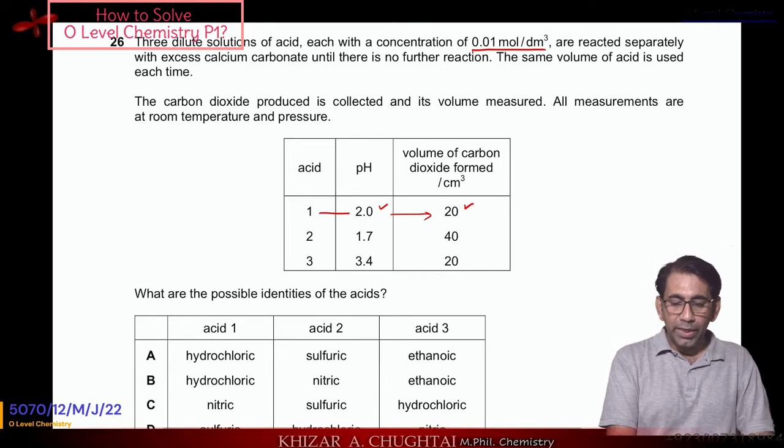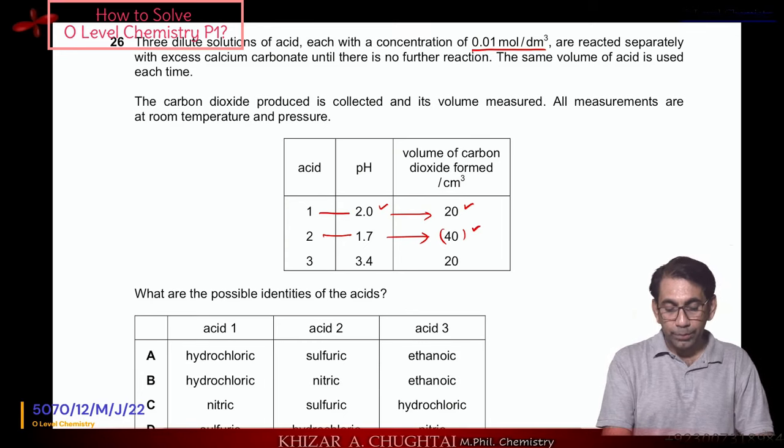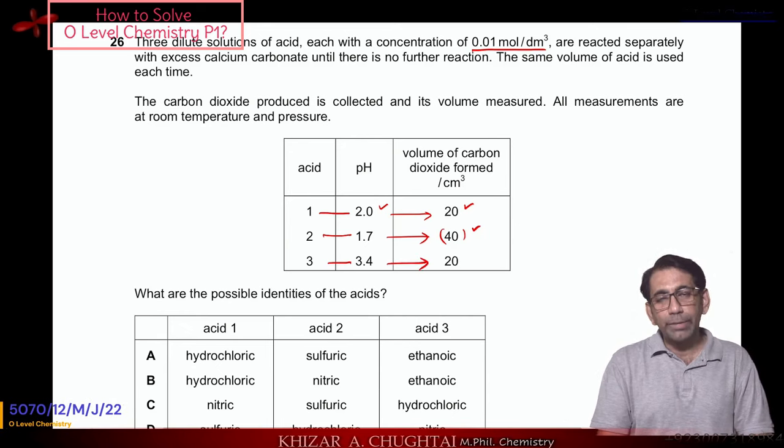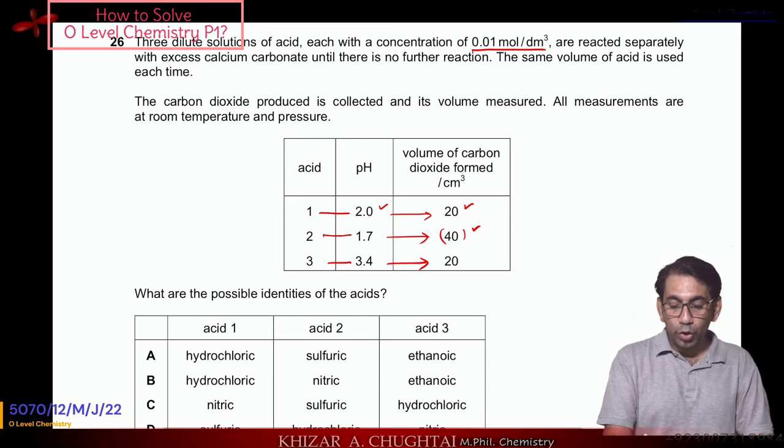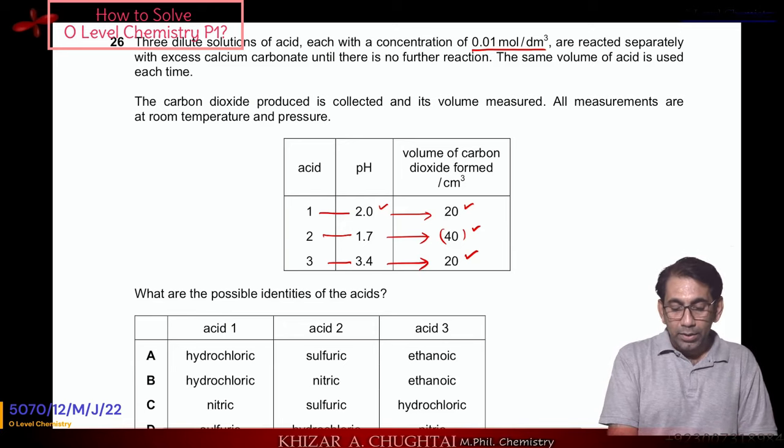Acid 2 has pH 1.7 and produces 40 centimeter cube of CO2. Acid 3 shows pH 3.4 and makes 20 centimeter cube of CO2. The first impression from the pH value is this: the lower the pH, the stronger the acid.